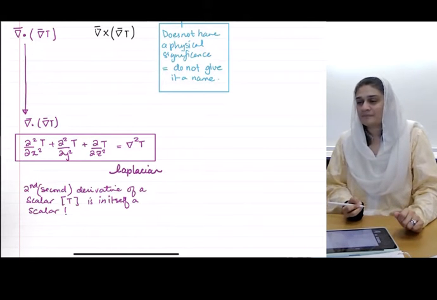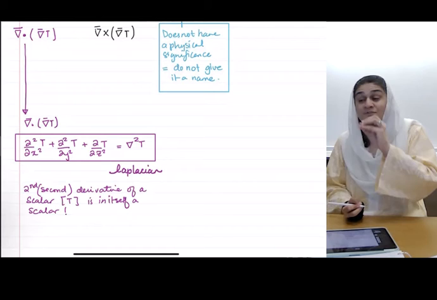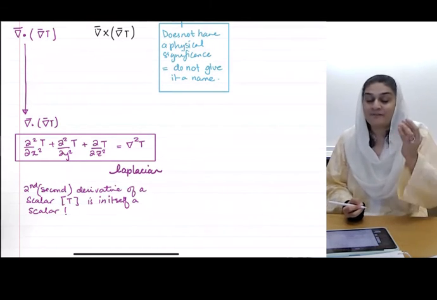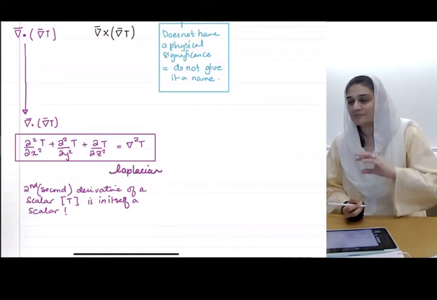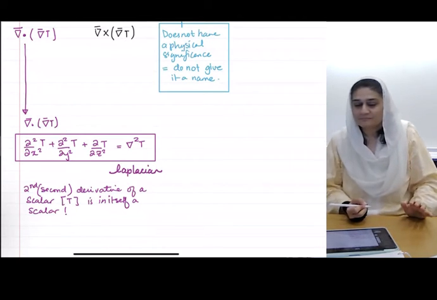So the first derivative gives you a vector. The second derivative gives you a scalar. Just a number.